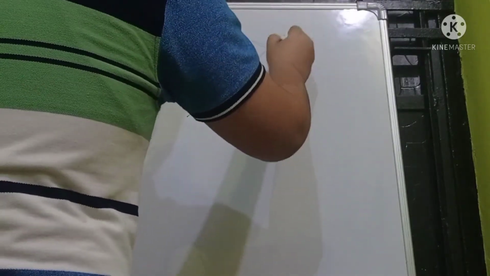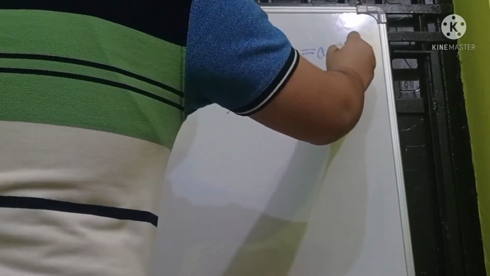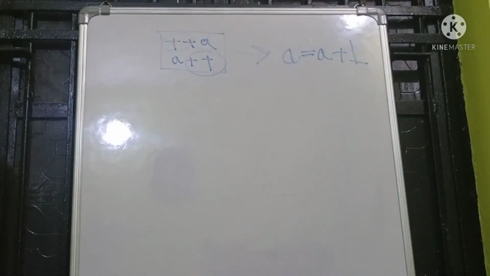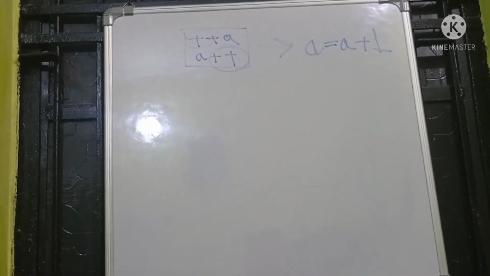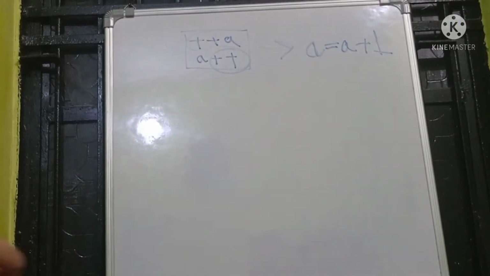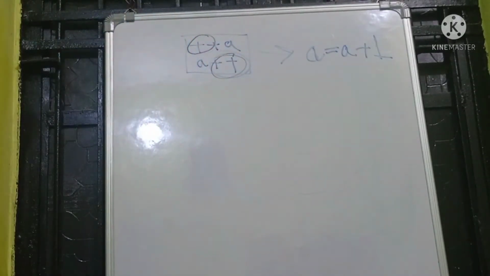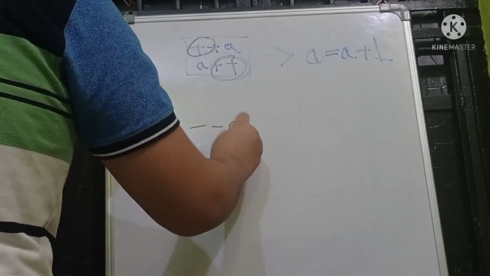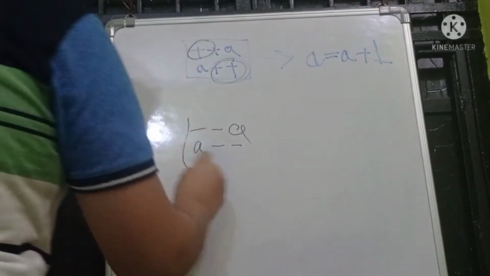A shorter form of this is a is equal to a plus 1. This is the shorter form of it, so this means increment operator. Minus minus a or a minus minus, what does this mean?